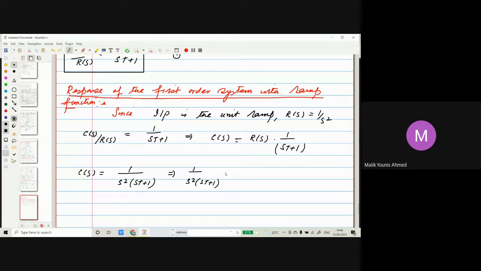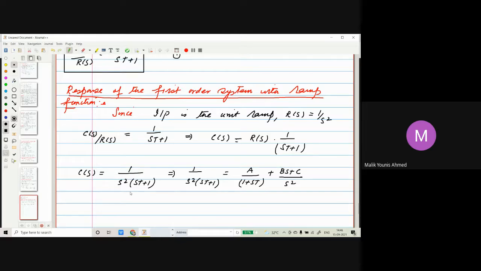We can put it equal to A divided by S square, but we have a degree difference of 2. You already know it. This is BS plus C. We have to make the degree difference always 1 in numerator and denominator. That's the rule of mathematics here.